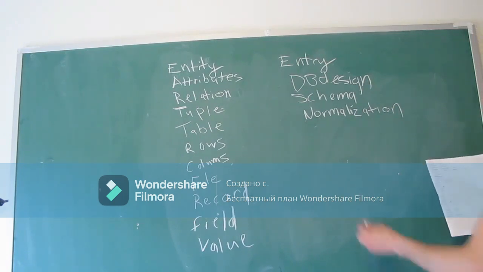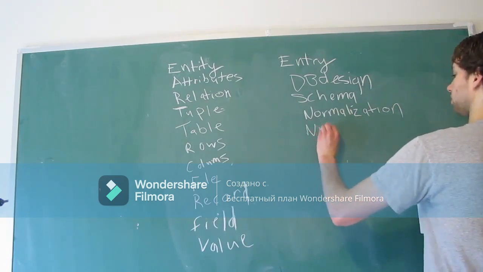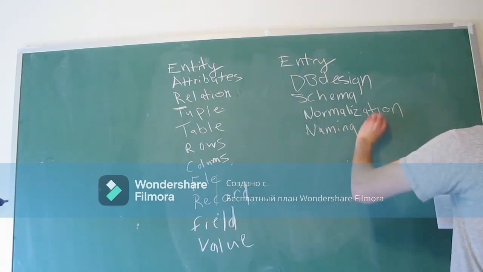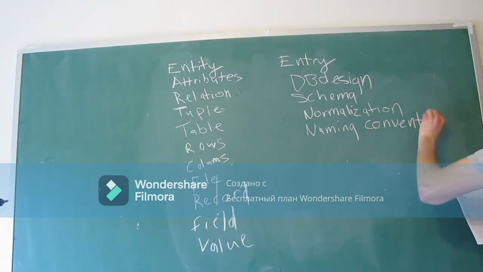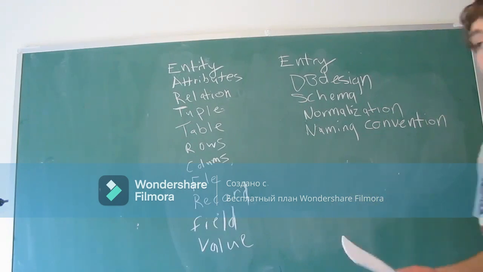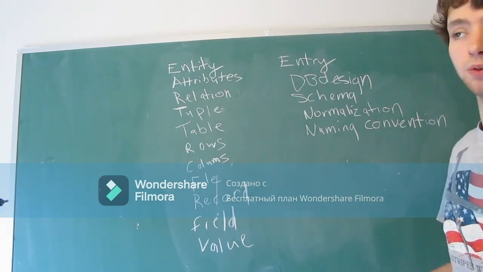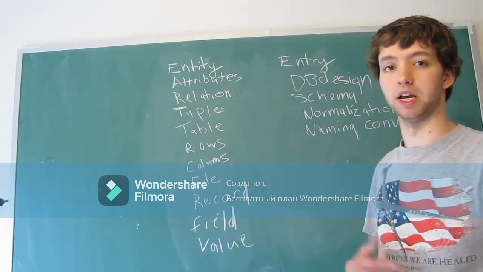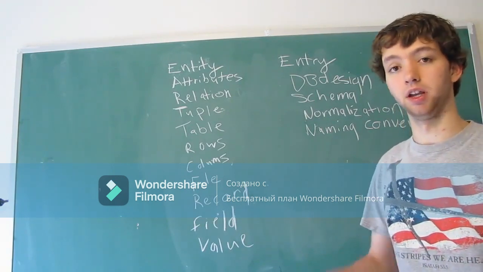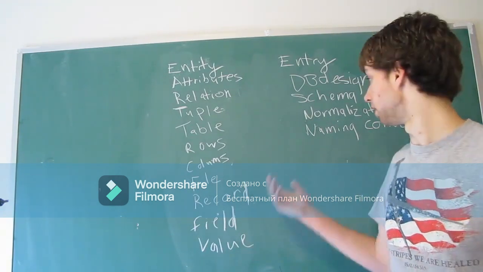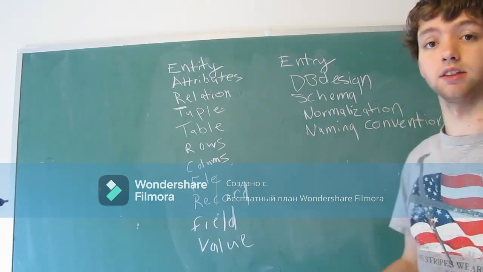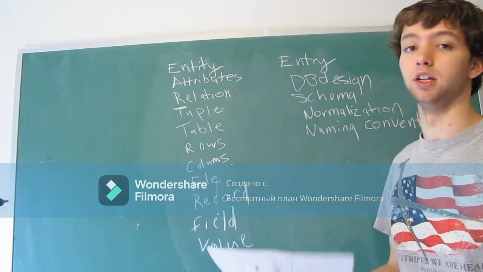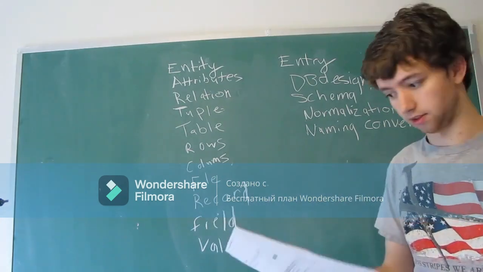The other one, naming conventions. A naming convention is just a consistency used to make things consistent. So we name tables a certain way, we name columns a certain way, we name our database a certain way, we draw our database schema a certain way. Basically, a convention is anything that is done repeatedly to create consistency.